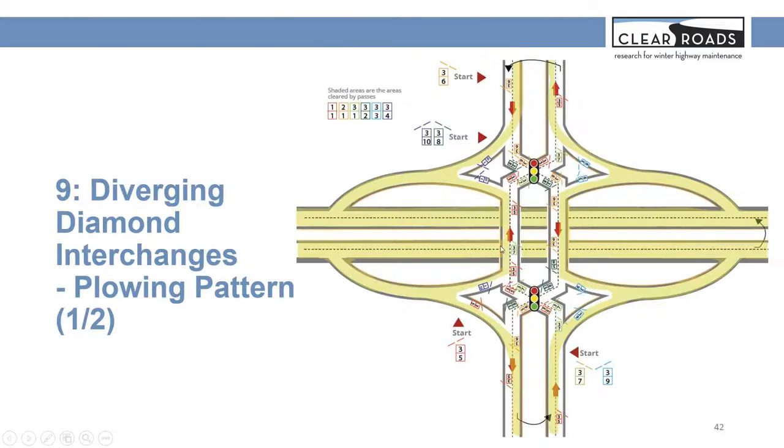And then we have another figure to show the remaining passes of track number 3. And for this figure, all the highlighted area means those areas are already cleared in the previous passes. So pass number 5, starting from here.